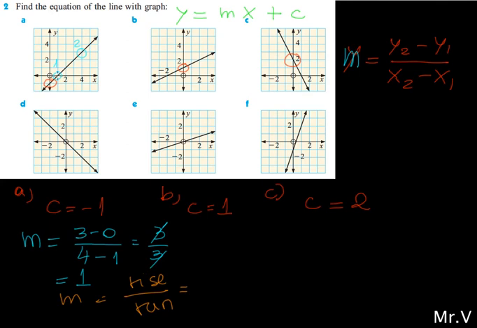So from here you move vertically for the rise. Rise is how many units from my first point to the second I have to move. In a rise you go vertically, so you go 1, 2, 3 points. So I know I had to move 3 points, so I write 3.